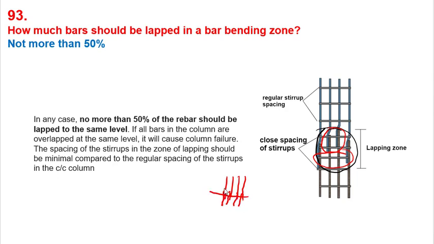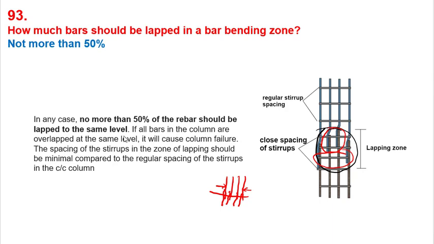If you are lapping these 2 bars at this point, then the remaining 2 bars should be lapped at some other level, either above or below these 2. So in any case, no more than 50% of the rebar should be lapped at the same level. Got it?